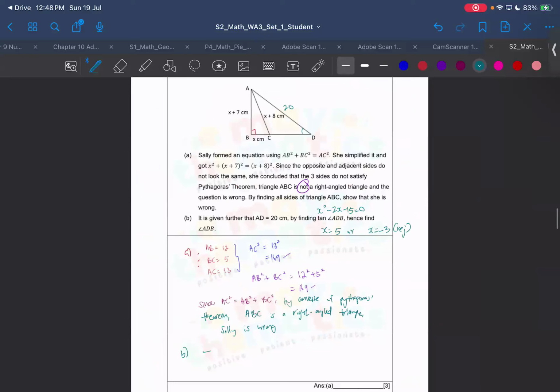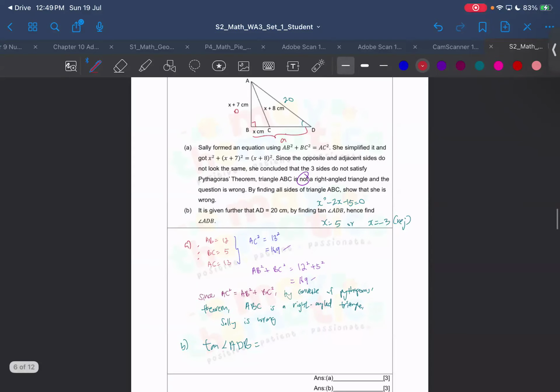So tangent angle ADB will be equals to O over A, correct or not? So my O is this, and then my A will be BD. Do I know BD? I don't know yet. So I have to find BD, right? So go and find the BD.